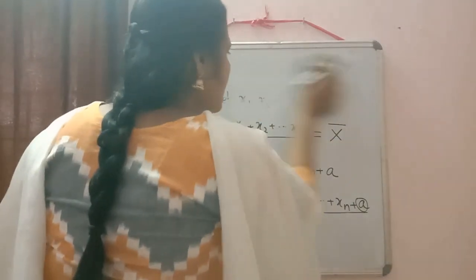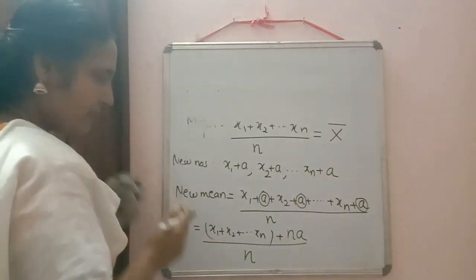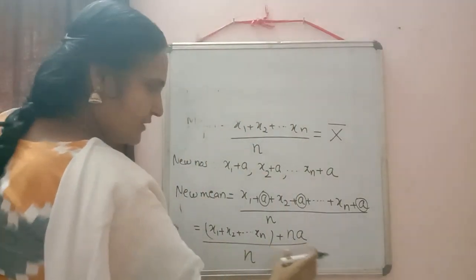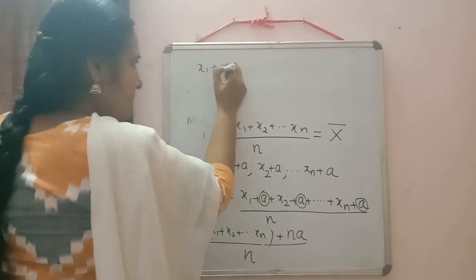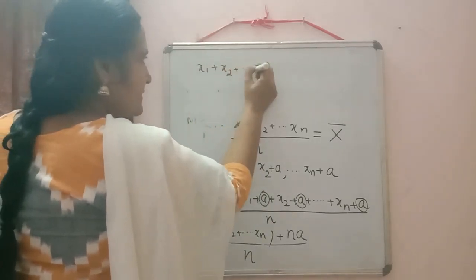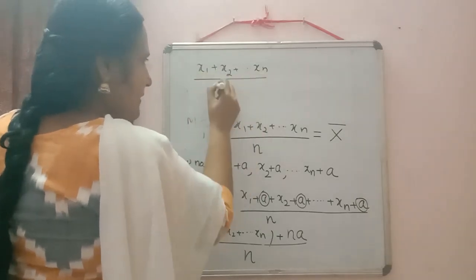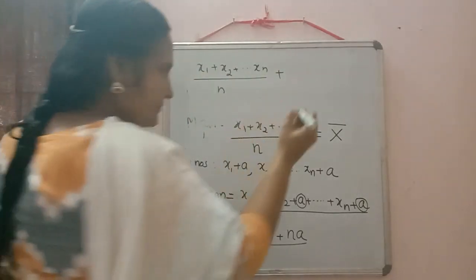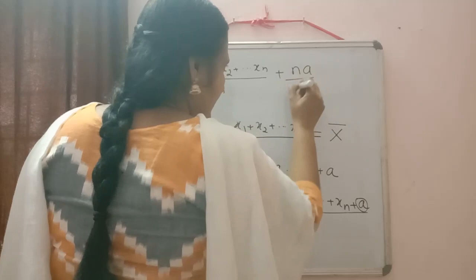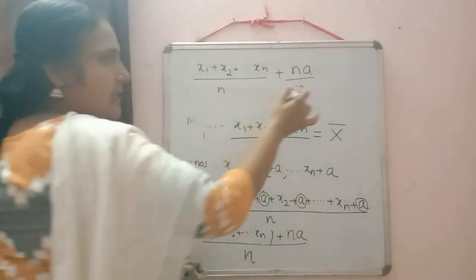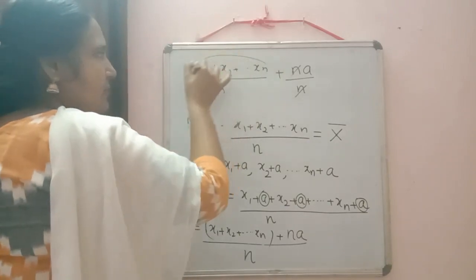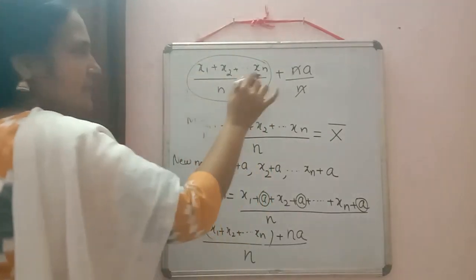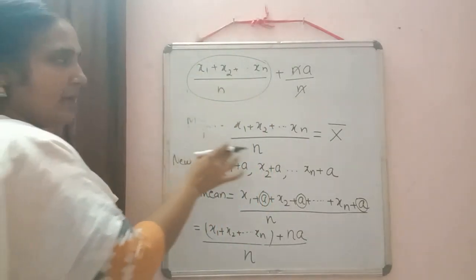Now what we will do? We will write them separately. How we will write? This one together and this one separately. So we are dividing it by n. So it will be equal to x1 plus x2 plus etc. plus xn divided by n plus na divided by n. So here n and n will get cancelled. Can you tell me what is this value? x1 plus x2 plus etc. plus xn divided by n.